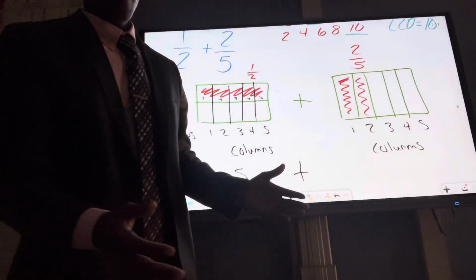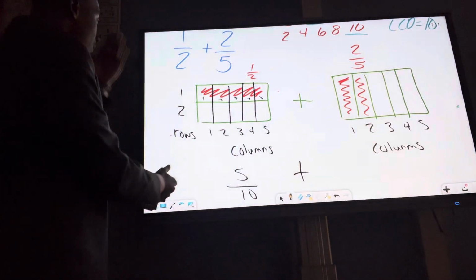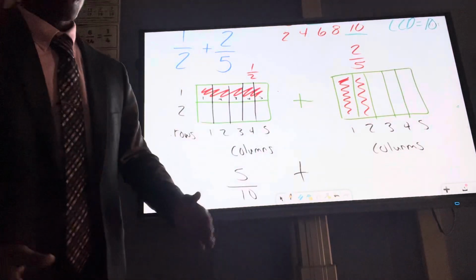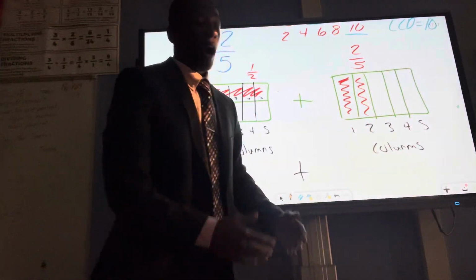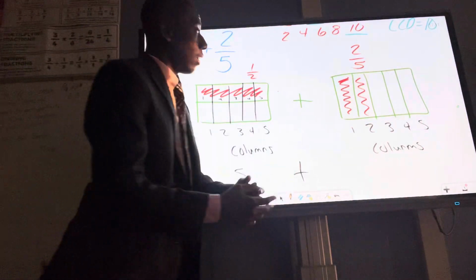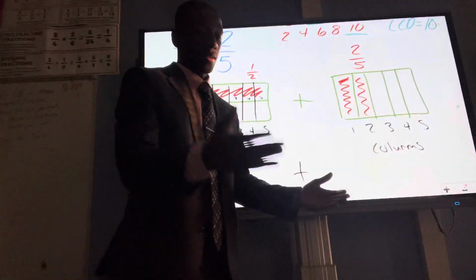So, same thing I did over here. In this one, I got 2 rows and 5 columns to give me 10. So over here, I'm gonna do the same thing. I got 5 columns, but I'm missing my 2 rows to give me 10. Because 2 times 5 gives me 10. 5 times 2 gives me 10.